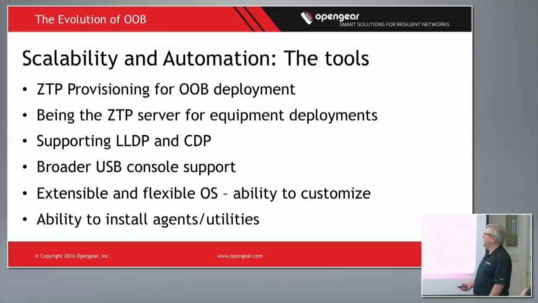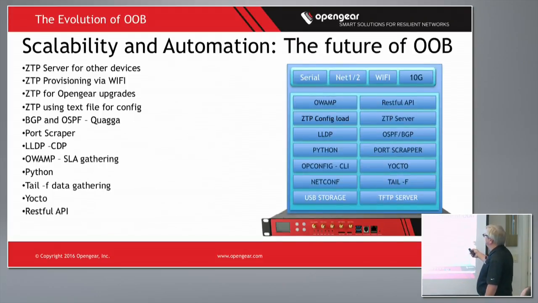So what I did is I created a little chart of, what is the classic out-of-band versus what is the future out-of-band? I took all the normal classic out-of-band stuff like serial over IP, serial ports, maybe 1 and 2 network ports. We've got some additional things like Wi-Fi and USB storage and TFTP servers built in.